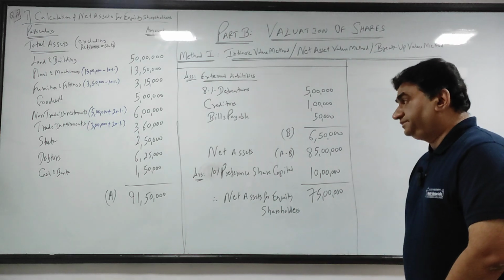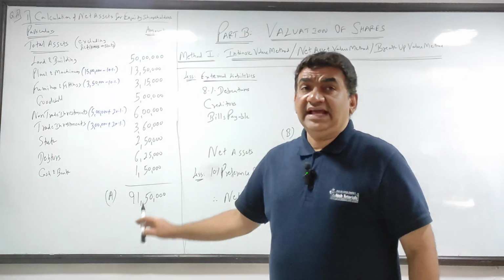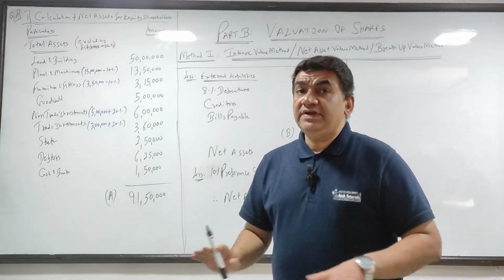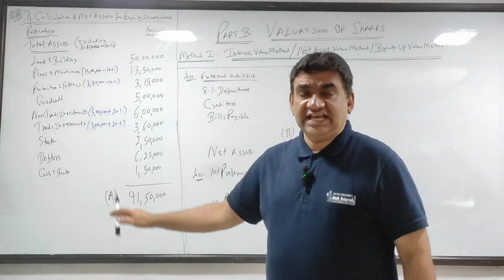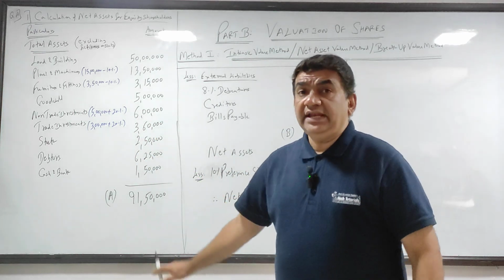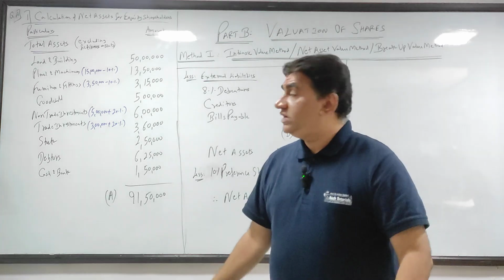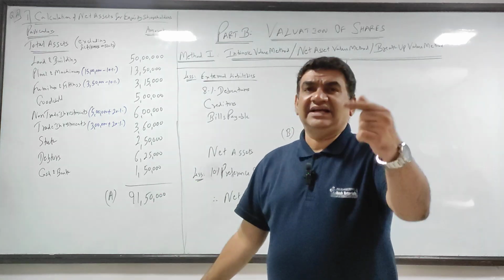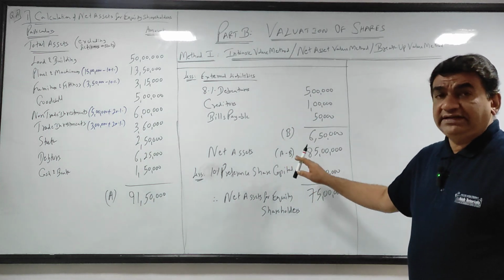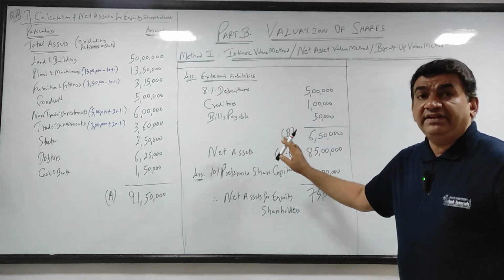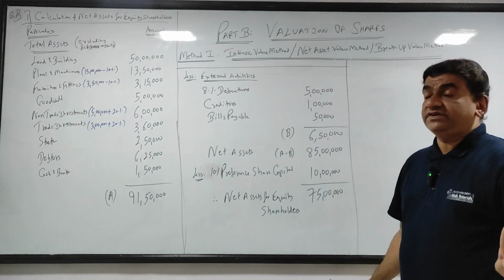So I'll repeat. Take your total assets, take goodwill, take non-trade, just exclude fictitious assets. Take the total. Wherever revised value is given, take the revised value, otherwise book value. Get your external liabilities. Take everything other than share capital and reserve.